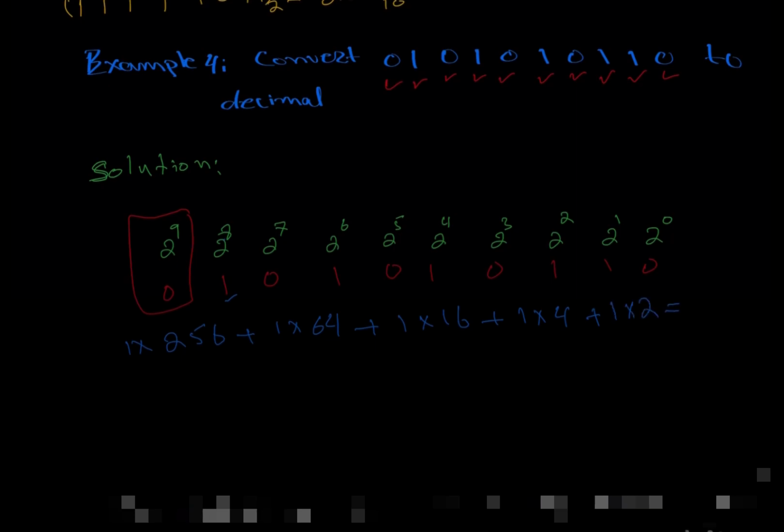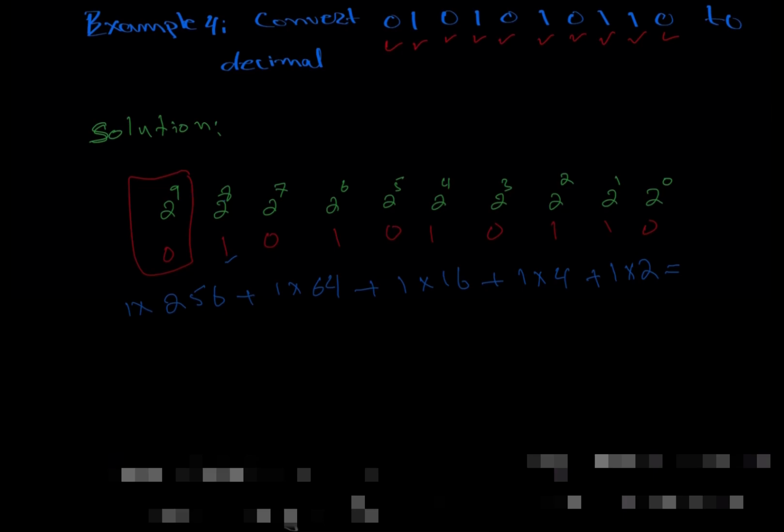You add these numbers together. You simplify the multiplication step: 256 plus 64 plus 16, because 1 multiplied by any number will be the number that you are multiplying 1 by. So that's 4. That is 2.